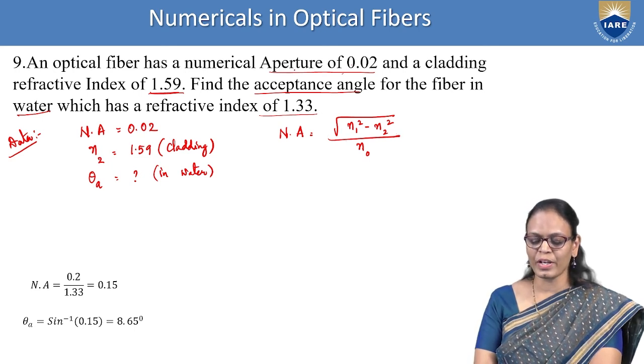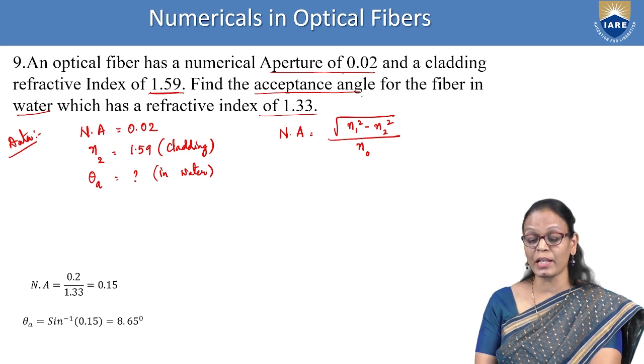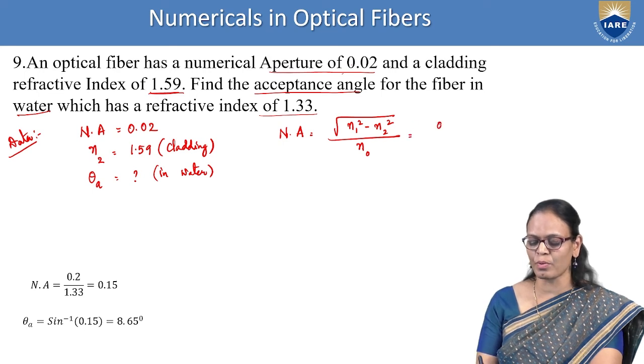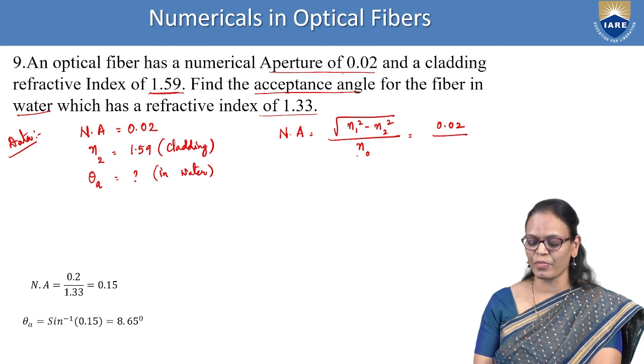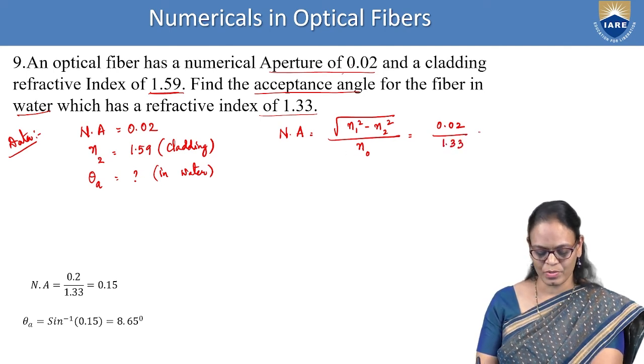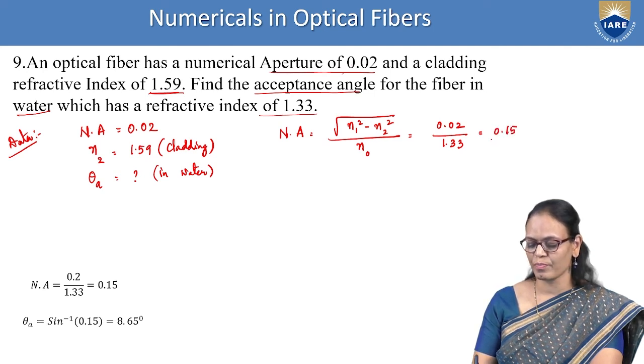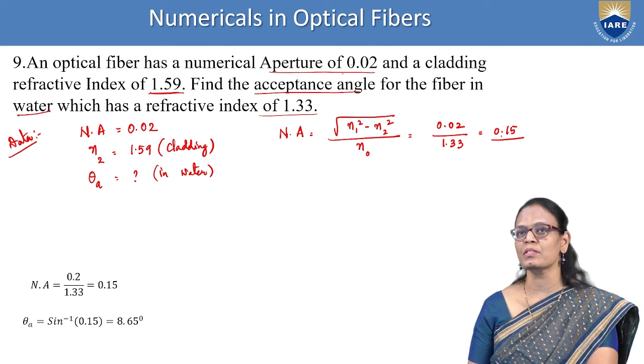So here we are given the numerical aperture that is in air. So under root n1 square minus n2 square is given as 0.02 divided by the refractive index of water, that is 1.33. So what we get here is 0.15. So the numerical aperture is 0.15.